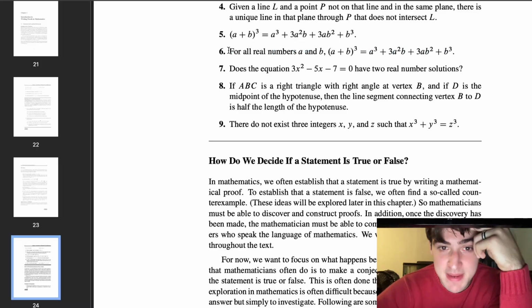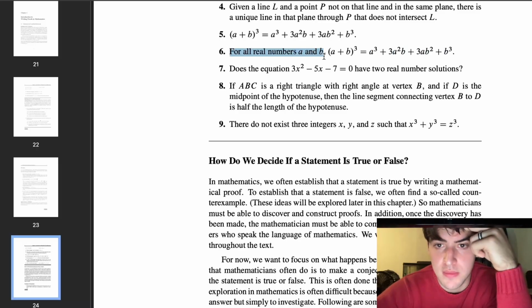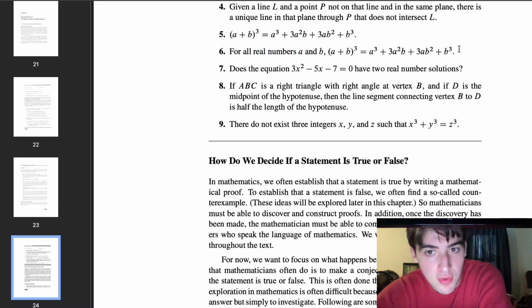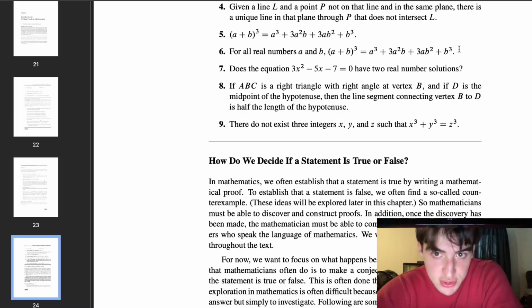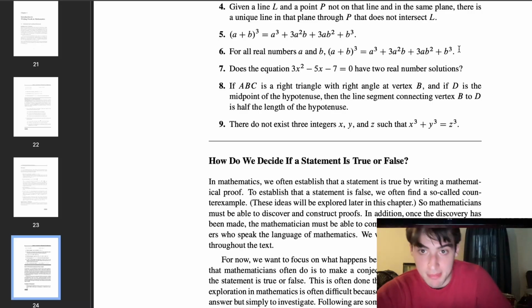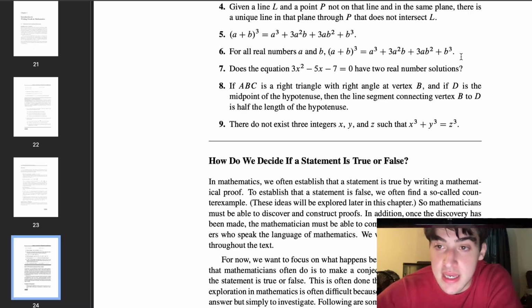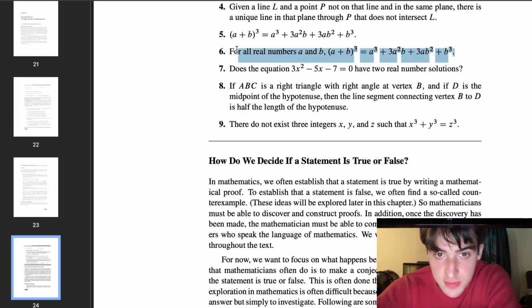But for that to be a statement, you would have to include this part, for all real numbers a and b, at least for conventional purposes. Maybe you don't have to, but that's what most people do. That's what's agreed upon. So sometimes it's good to follow conventions like that to reduce confusion amongst collaborators. So I would say this is a statement because it's either true or false.